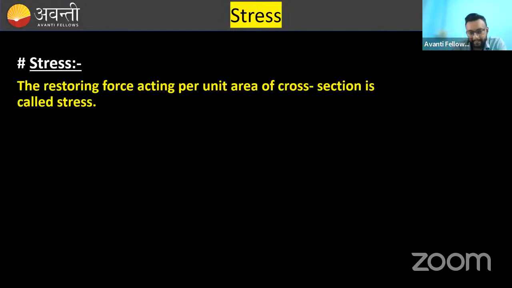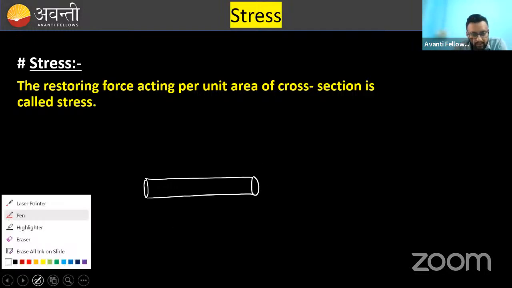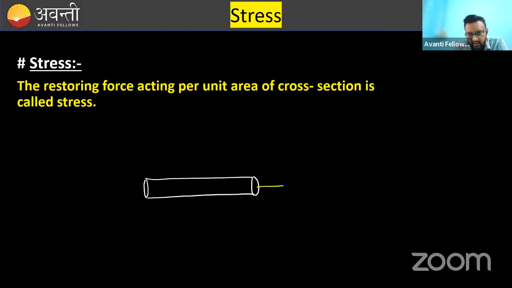Now, have a look at that. What if I say there is a body like this, a cylindrical body, and you apply a force F in this direction and a similar force F in the opposite direction?